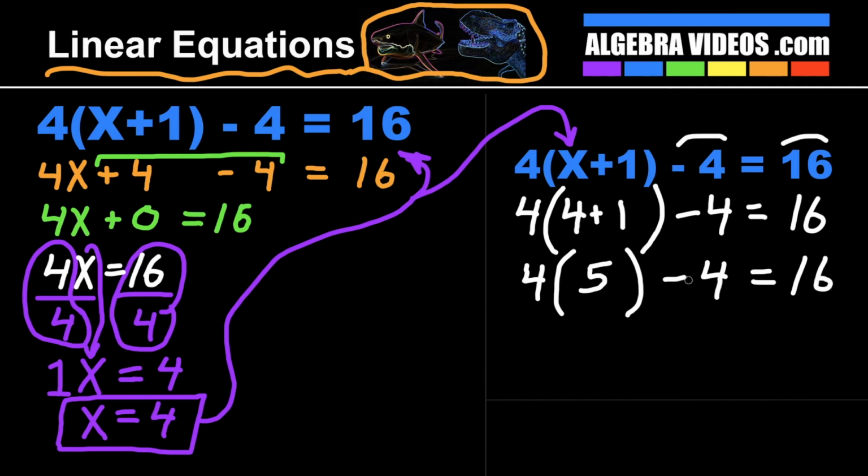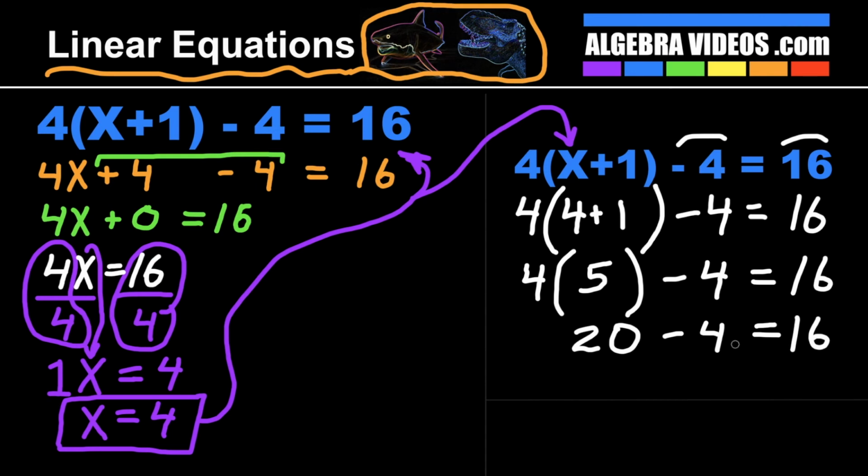Of course, when I say bringing down the 4, it's a negative 4. Now, simplifying again on the left side, 4 times 5 is 20, because you've got 4 times something in the parentheses there, so it's a multiplication. 4 times 5 is 20, and then minus 4, I'm just rewriting that. And on the right side, that equals 16.